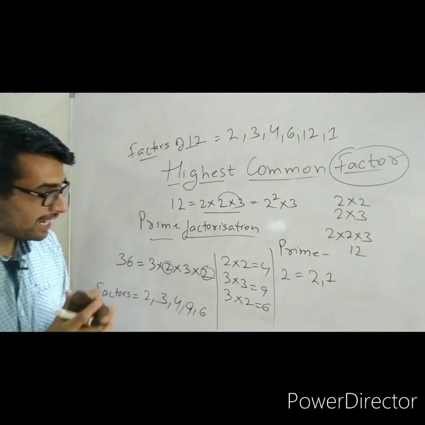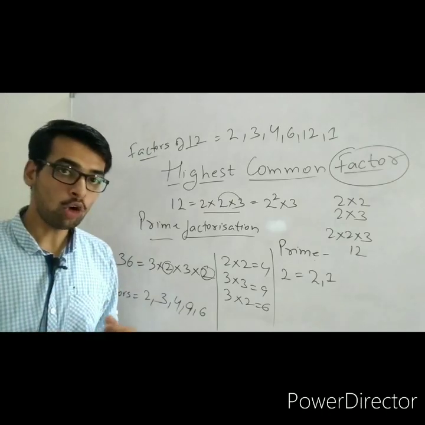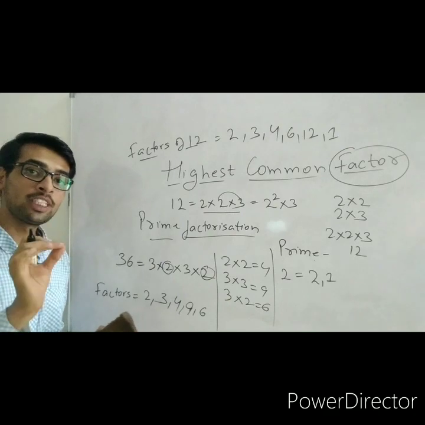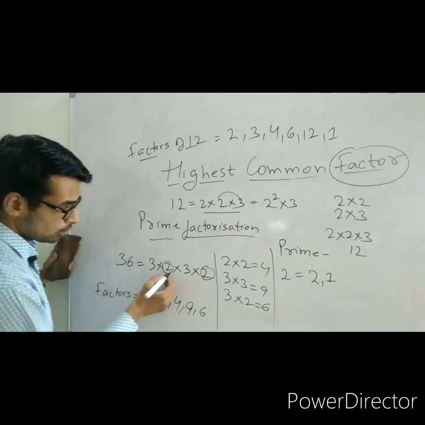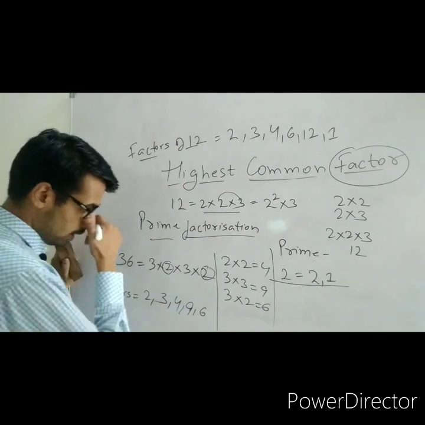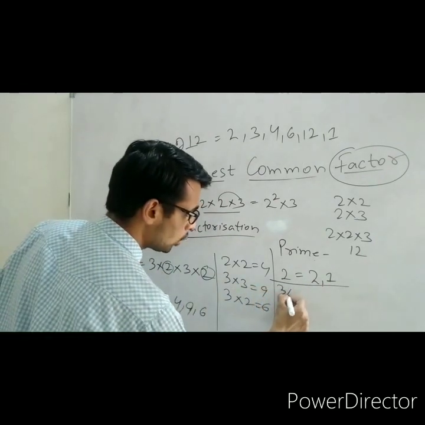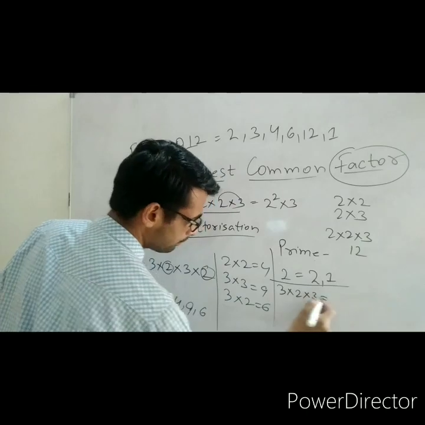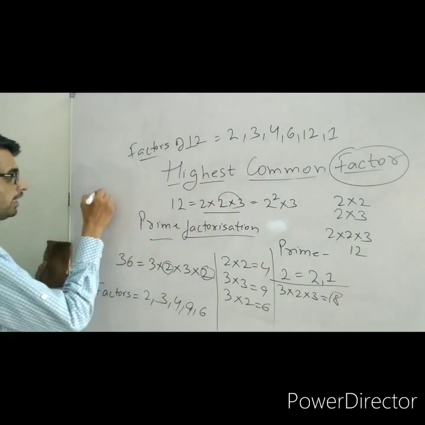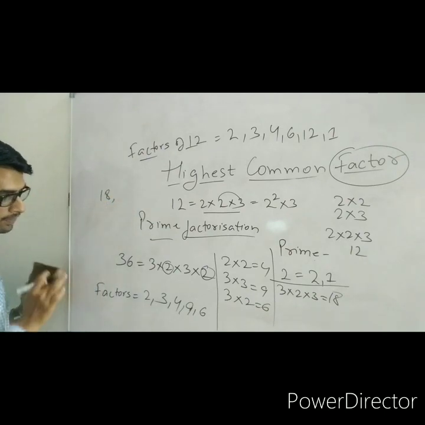Now we cannot make any other combination of two numbers, so we have to make a combination of three numbers, and the combination should be different. 3 multiply 2 multiply 3 is 18, so 18 is a factor of 36.